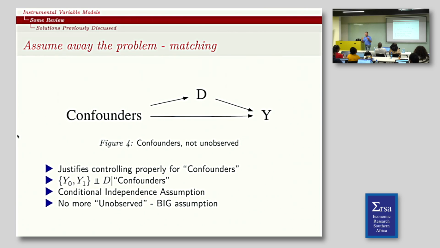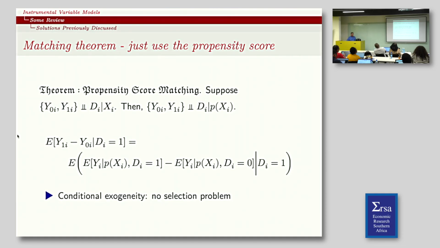We create a propensity score. We use that propensity score to match the observations between treated and untreated, and we compare that difference across those. That's this propensity score matching theorem that basically says if the outcomes are independent of the treatment status given some set of X's, then they're certainly going to be independent of the outcome given some function of the X's, and that's where the propensity score comes from.